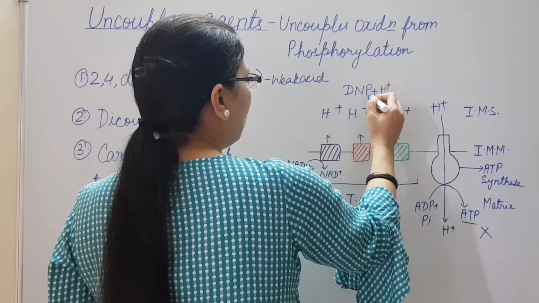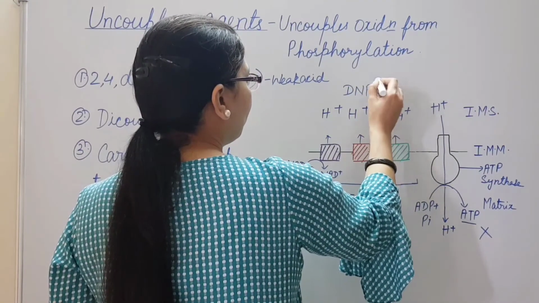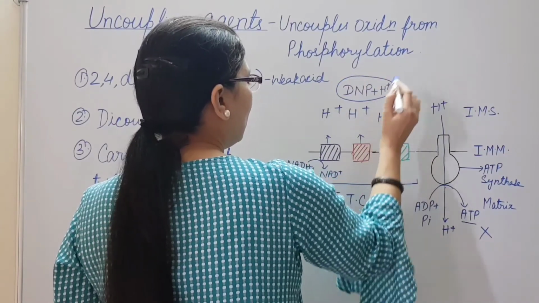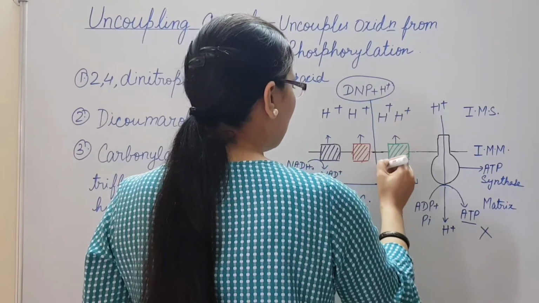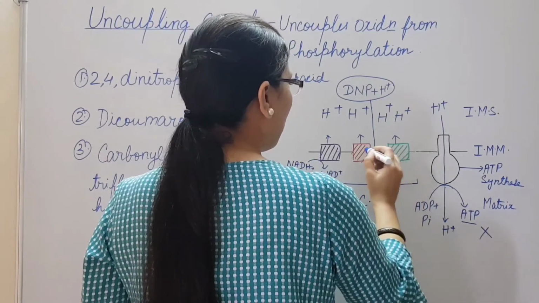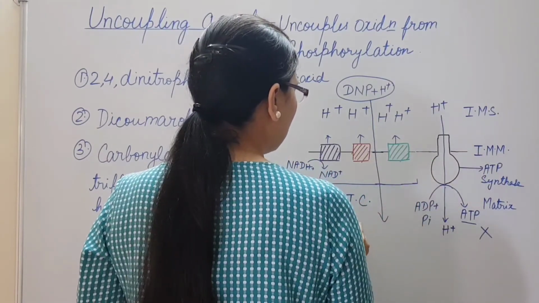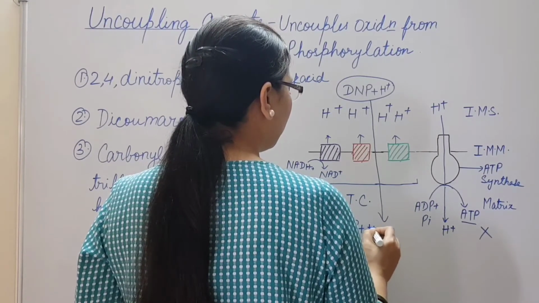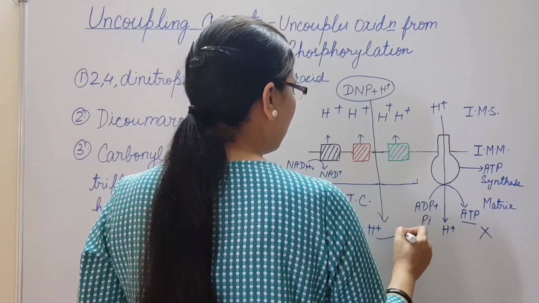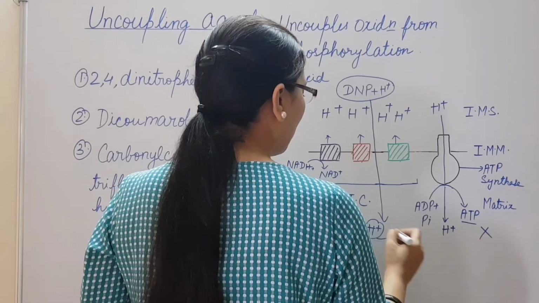The anionic form of DNP picks up a proton in the intermembrane space, then diffuses through the inner mitochondrial membrane and enters the matrix along with the proton, and then releases the proton.